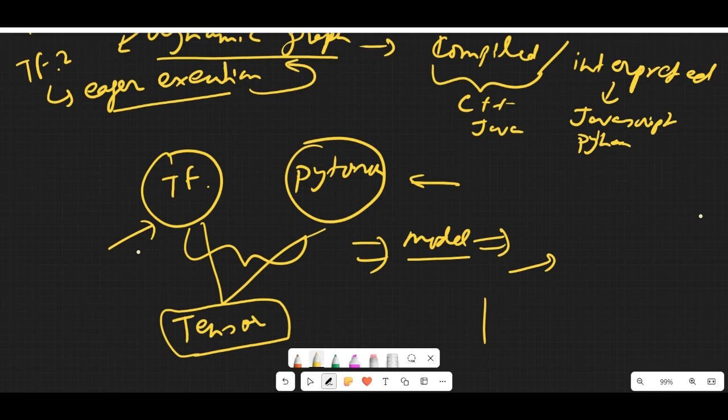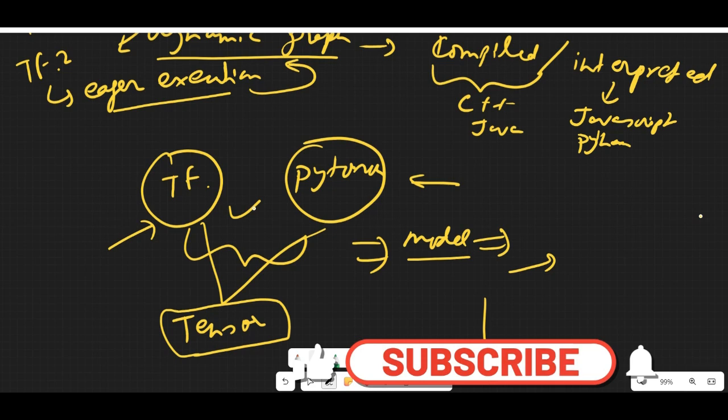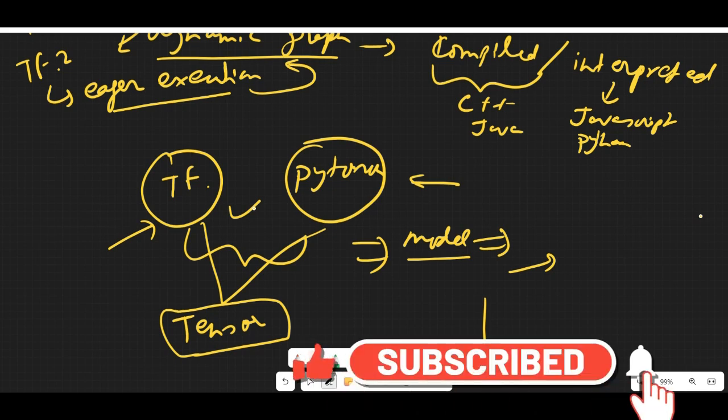So please let me know what you are learning, whether you are going to use PyTorch or TensorFlow. It is up to you, but learn one framework thoroughly from start to end. In that way you can master the other framework very easily.